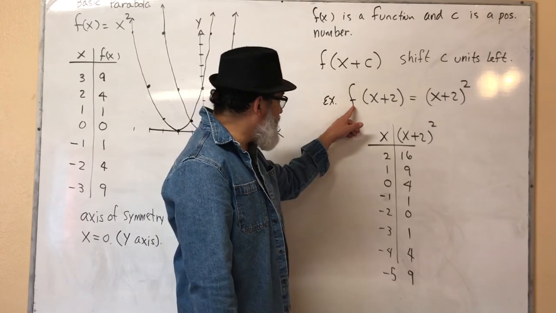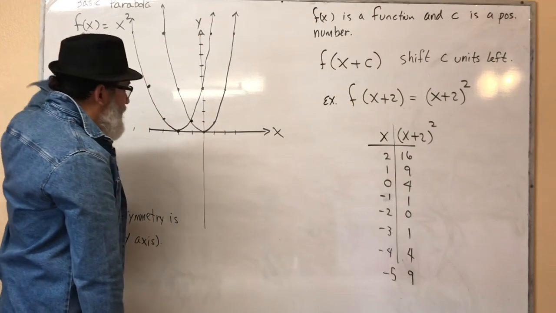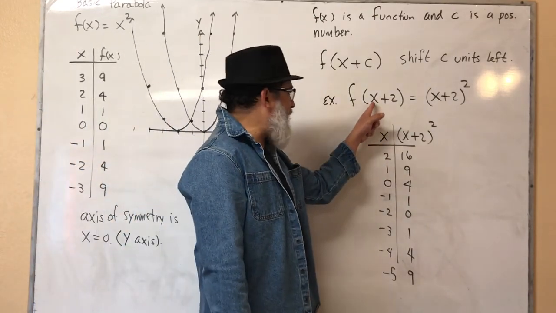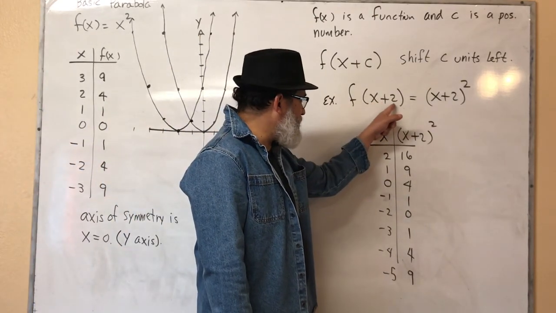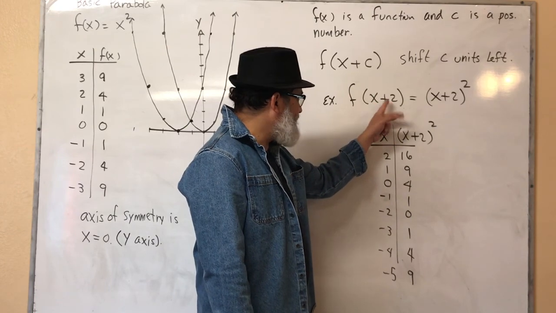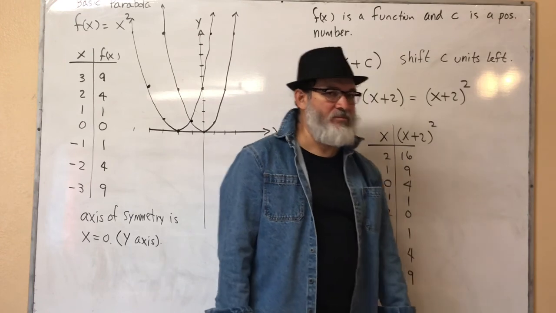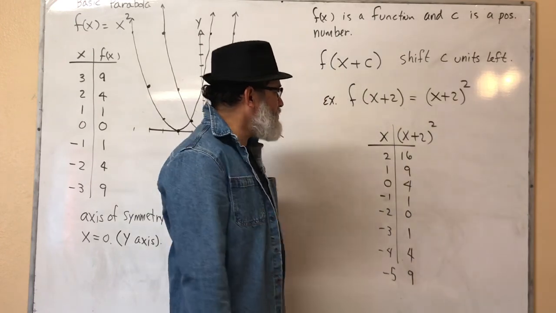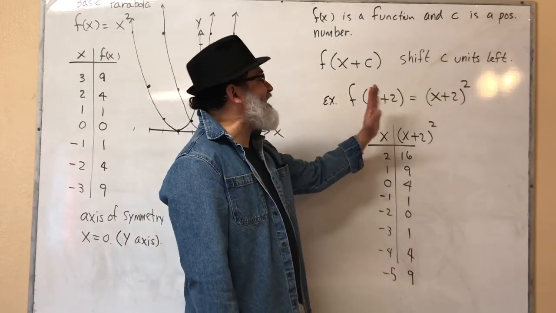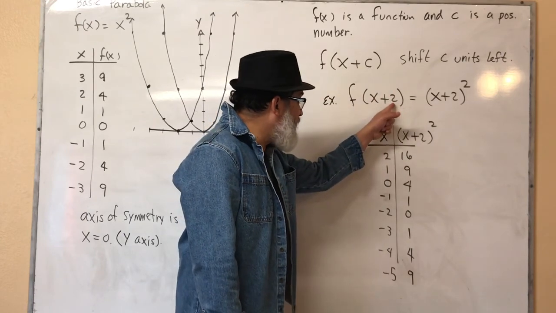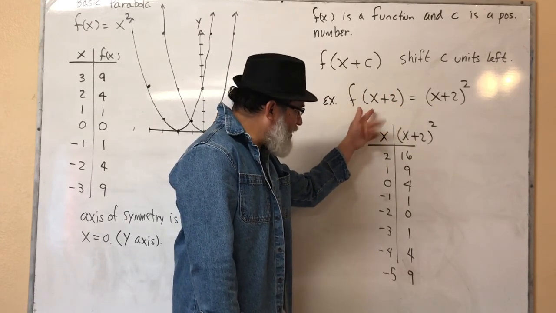If we're talking about the basic parabola and you add 2 to the argument, then this is the new argument x plus 2, and that's being squared. What did this 2 do to the basic parabola? Here's the table.